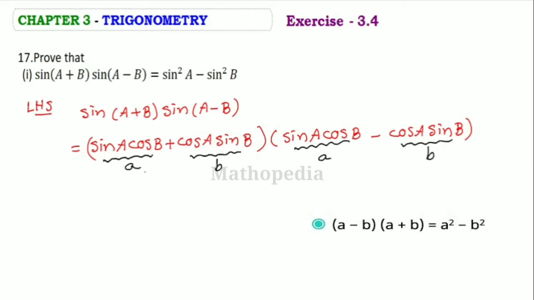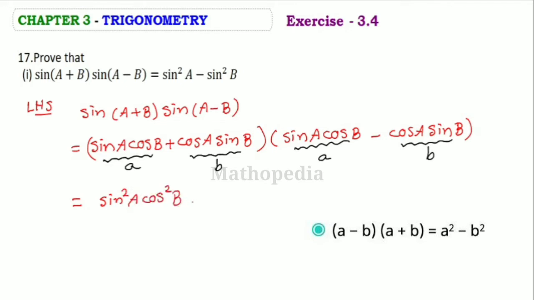So this is of the form (a+b)(a−b), which is equal to a² − b². So this is equal to sin²A cos²B minus cos²A sin²B.